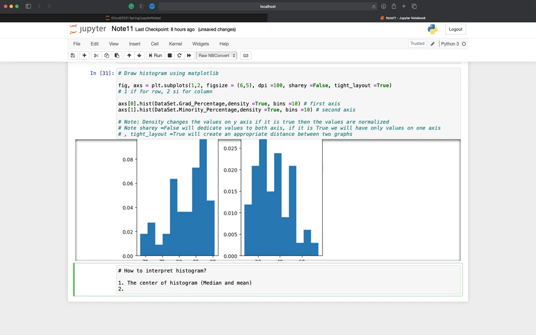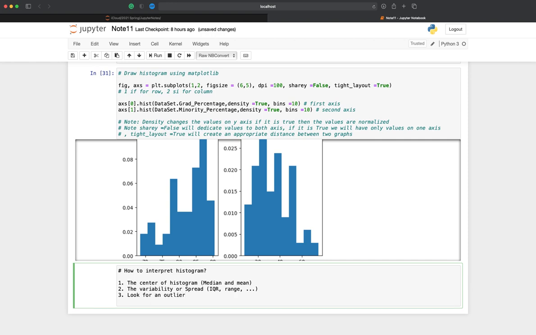You will talk about the variability, or we call that spread. You can use IQR, range, and all the measures of variability. Third, you will look for an outlier. Fourth, you will look at the shape. This is the most important one.